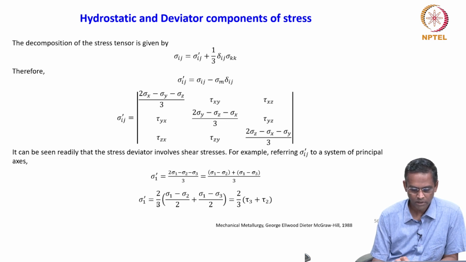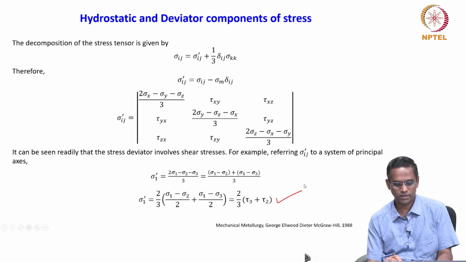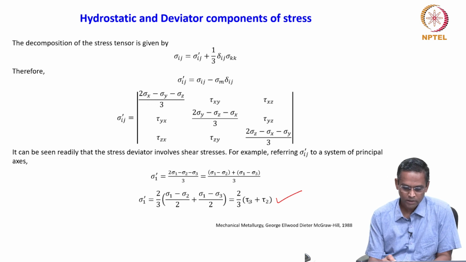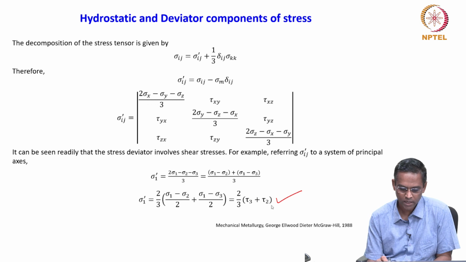Sigma 1 prime is equal to 2 by 3 times sigma 1 minus sigma 2 by 2 plus sigma 1 minus sigma 3 by 2, which is equal to 2 by 3 into tau 3 plus tau 2. This is also very familiar to us, we have already seen. What is this? These are the two shear stresses, tau 3 and tau 2.